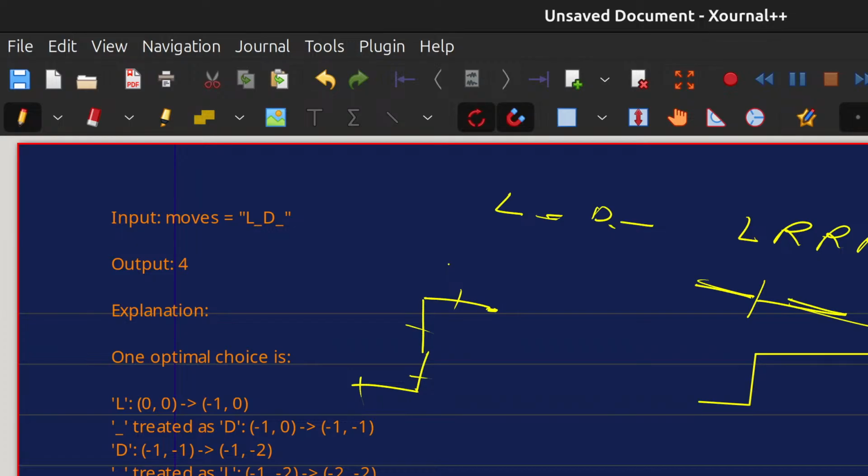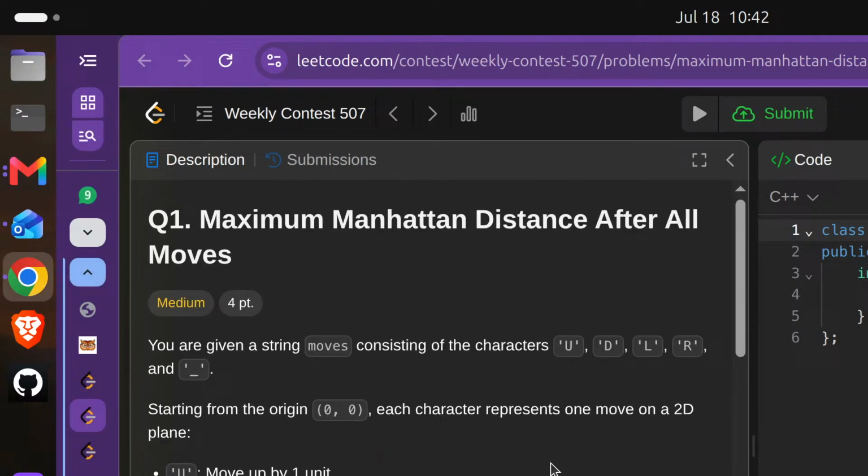But let's say it was left, then right, right, right, left, and I have 2 underscores. Left is there, so should I go right? No, so I go left, left. But if I go right from here, then I could have achieved it like this. So this is also not a very good example.